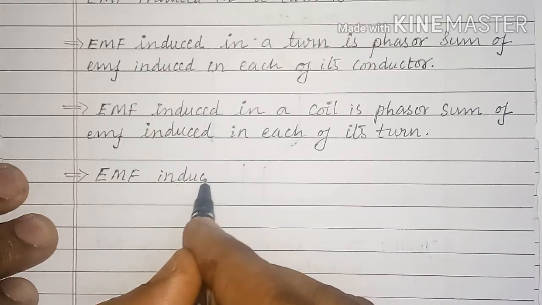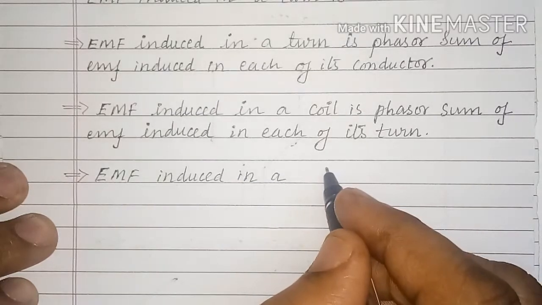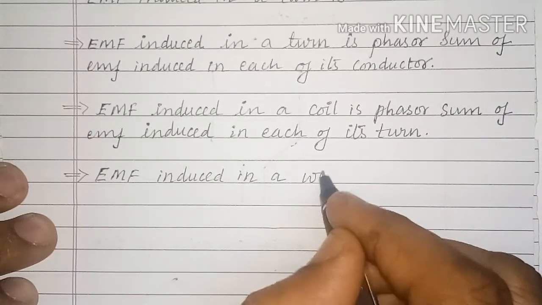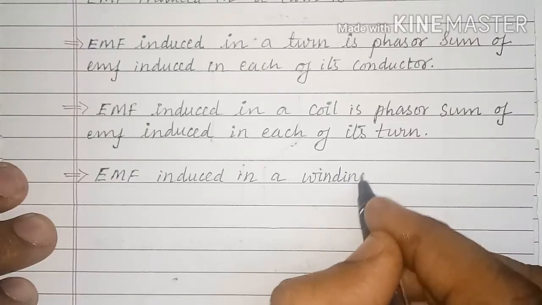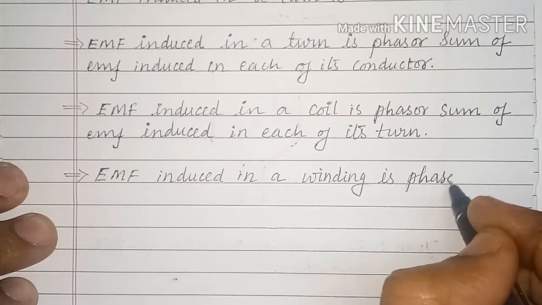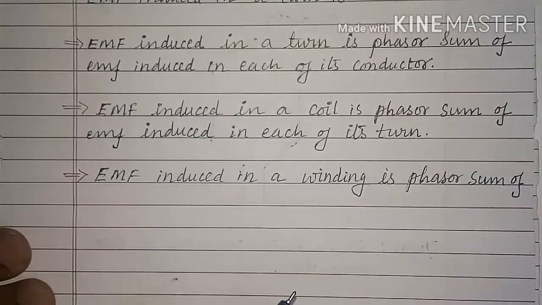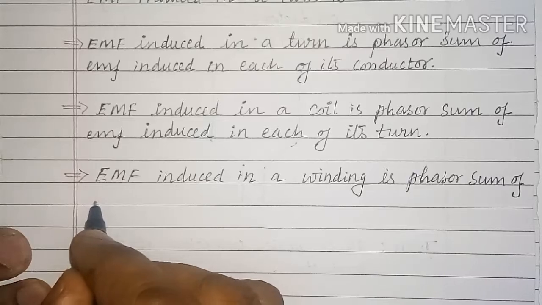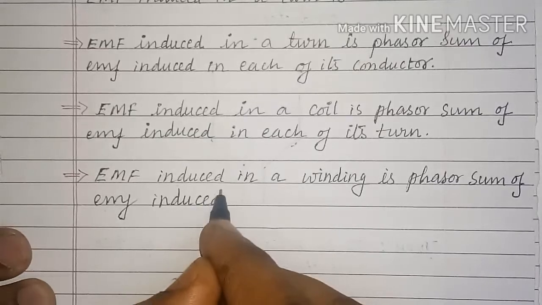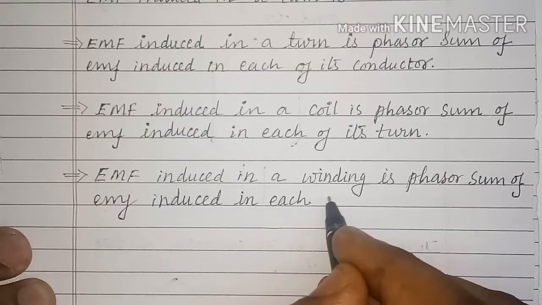EMF induced in a winding is phasor sum of EMF induced in each of its coil.